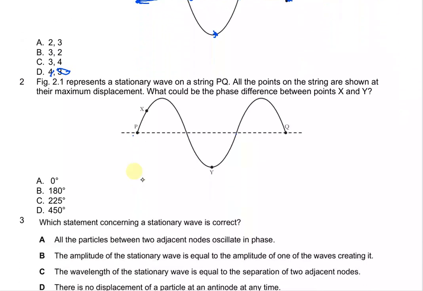Okay, number 2. This is a stationary wave and it shows particles X and Y. What could be the phase difference between point X and Y?